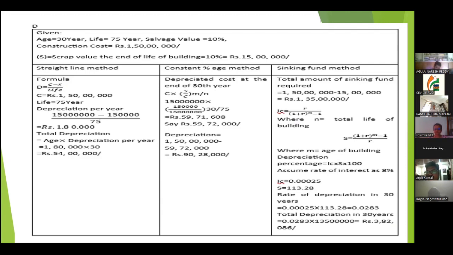I mean, it depends upon our discretion. Sir, R calculation, you have to choose R. So how R will be chosen, we will be discussing in the coming slides. When we'll be using, we'll be concentrating on other methods also.